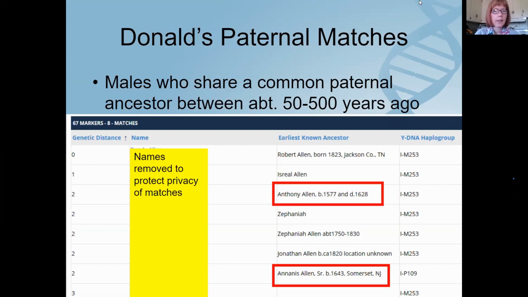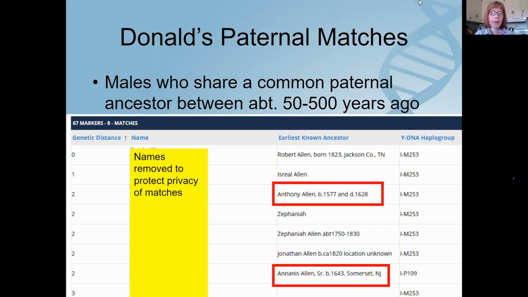So these are matches to other men who have taken the Y chromosome test. And dad's matches, this is within the genealogical time period. So dad's matches are males who share a common paternal ancestor between 50 to about 500 years ago.